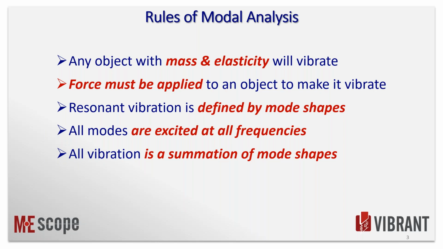So those are more mathematical, and they're German terms that better describe a resonance, its frequency and its shape. And then the final one, all vibration is a summation of mode shapes. So we'll come back to this, and we're going to do some curve fitting on some video data.